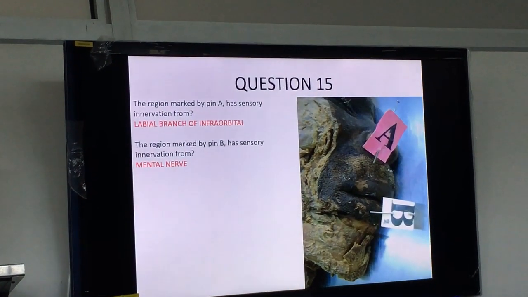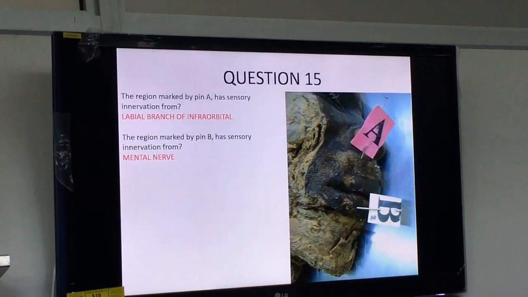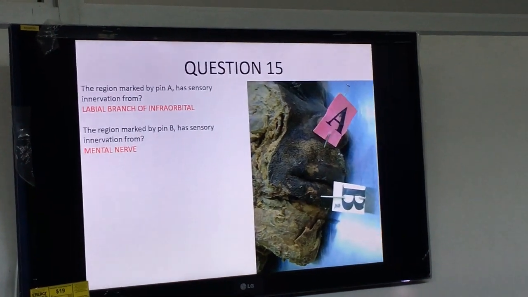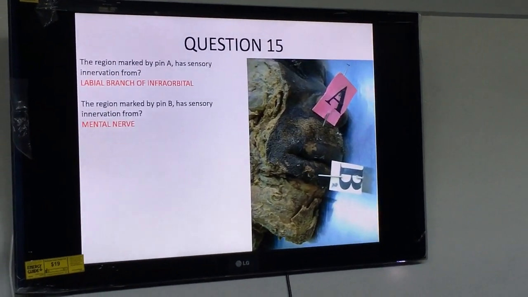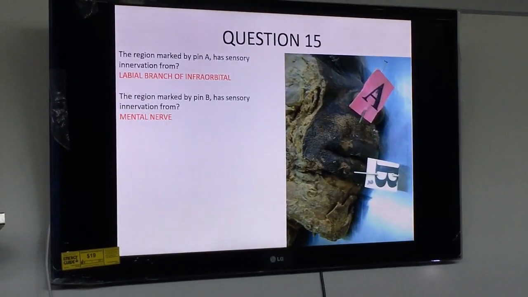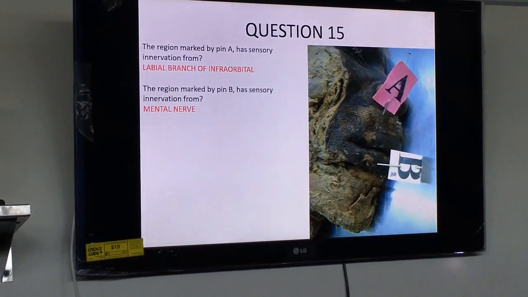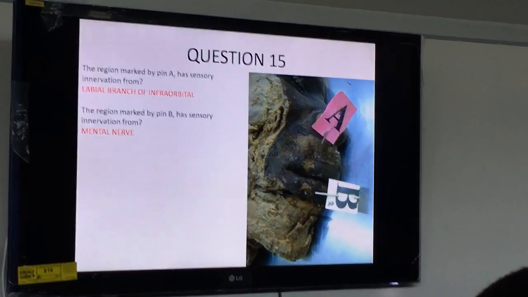What I'm saying is, for B it's the mental nerve, and for A it's infraorbital. But I'm asking the motor supply to the muscle deep to either of those pins. It's the same muscle, orbicularis oris, which can go all the way around. So that's facial, right? Alright, moving on now.